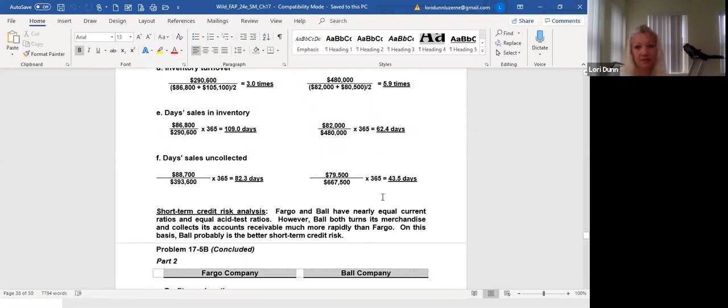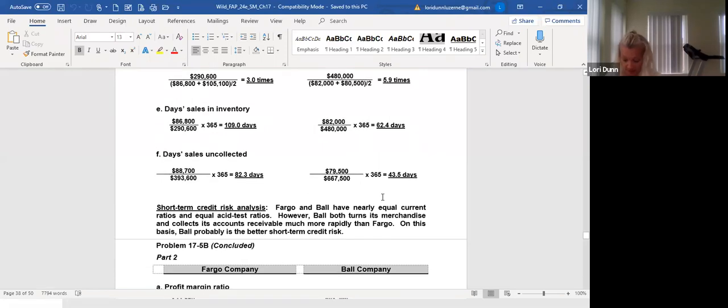Okay, let's go to our second part of our problem. Now in part 2, we're going to be looking at, it looks like, profitability ratios and market prospect ratios. So they want us to compute the profit margin ratio, total asset turnover, return on total assets, return on common stockholders' equity.